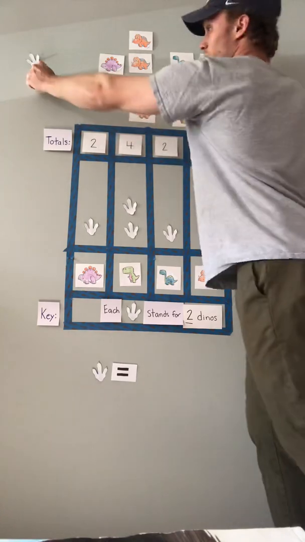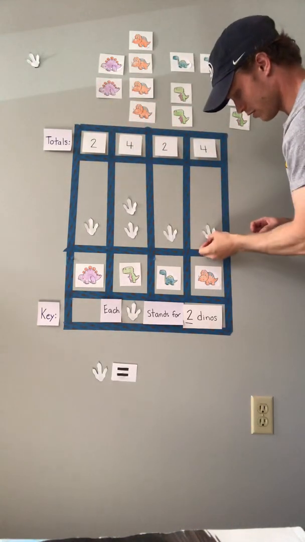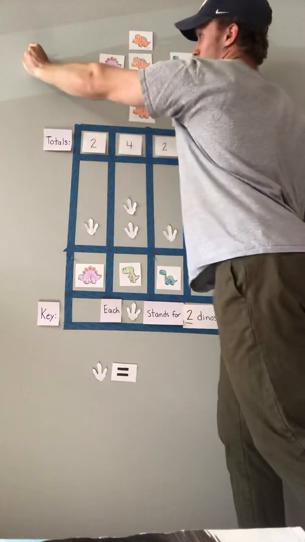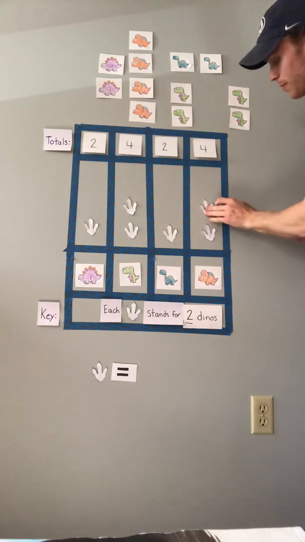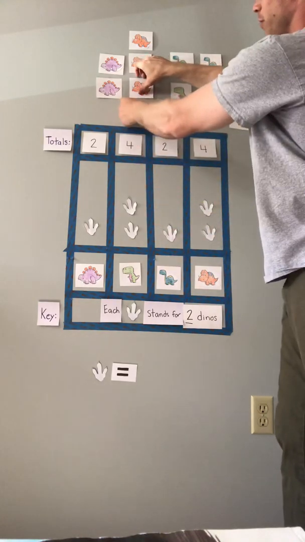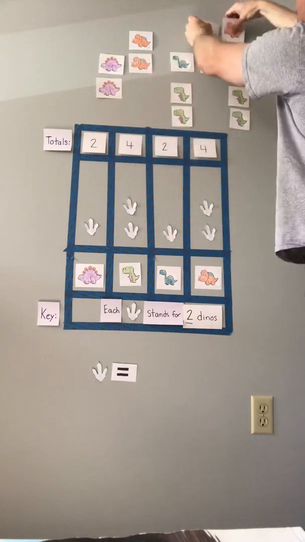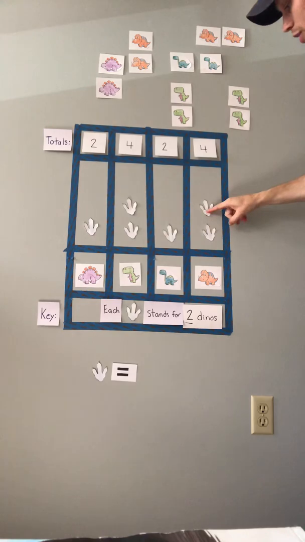So we need 2 footprints. Again, we could have done the same thing we did with the green. We could have sorted them so we got 2 together. So we know that's 1. And another 2, which gives us the second one.